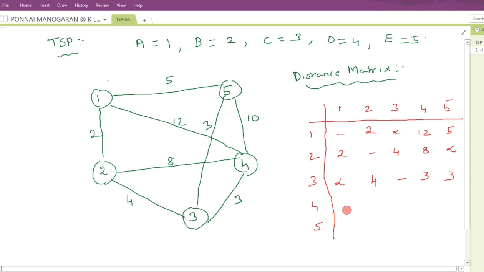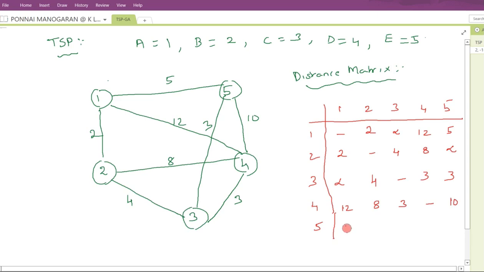So similarly between 4 and 1 there is a path 12, and between 4 and 2 there is a path, you can write 8, and between 4 and 3 again there is a path 3. 4 and 4 it is meaningless as far as this problem is concerned. 4 to 5 is 10.